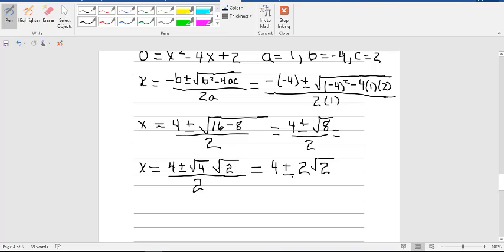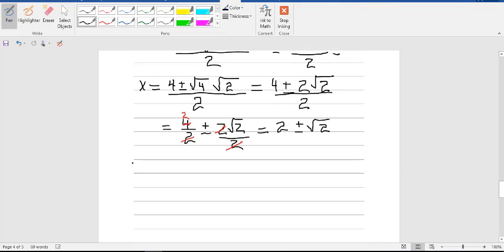So in my numerator, I have 4 plus or minus 2 square root of 2, and in my denominator, I have 2. So this is 4 divided by 2 plus or minus 2 square root of 2 over 2. So 2 divides into 4 twice. 2 divides into 2 square root of 2 square root of 2 times. So x is 2 plus or minus square root of 2. So those are my x-intercepts.